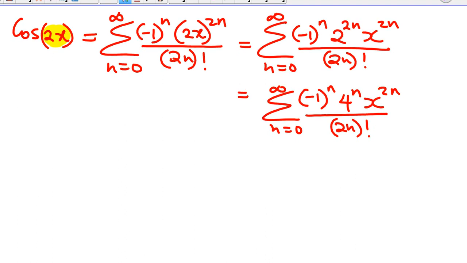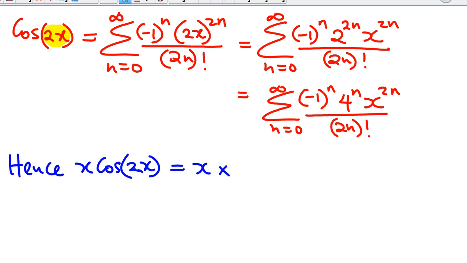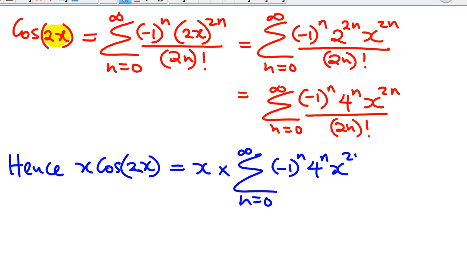Now what we want is x cos 2x. So hence the expansion for x cos 2x will be equal to x multiplied by this series: negative 1 to power n, 4 to power n, x to power 2n over 2n factorial.